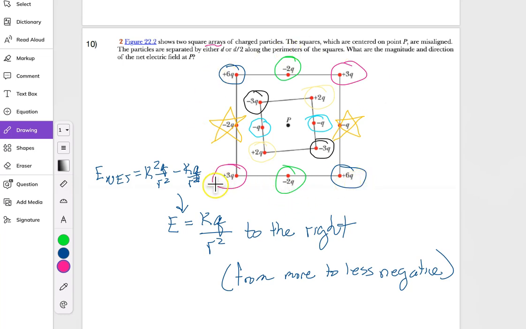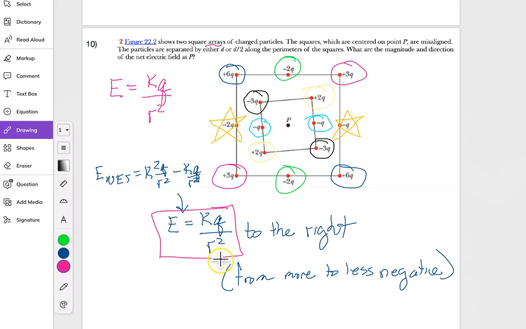And to find the net electric field, the equation for the electric field is just equal to K times Q all over R squared. For the net electric field, I'm going to do this for the negative 2Q and the negative Q and subtract them, because that'll give us the net electric field. So this is K times 2Q over R squared minus K times Q over R squared, and that gives us our answer, E is equal to K times Q, because 2Q minus Q is going to give you just Q, divided by R squared.